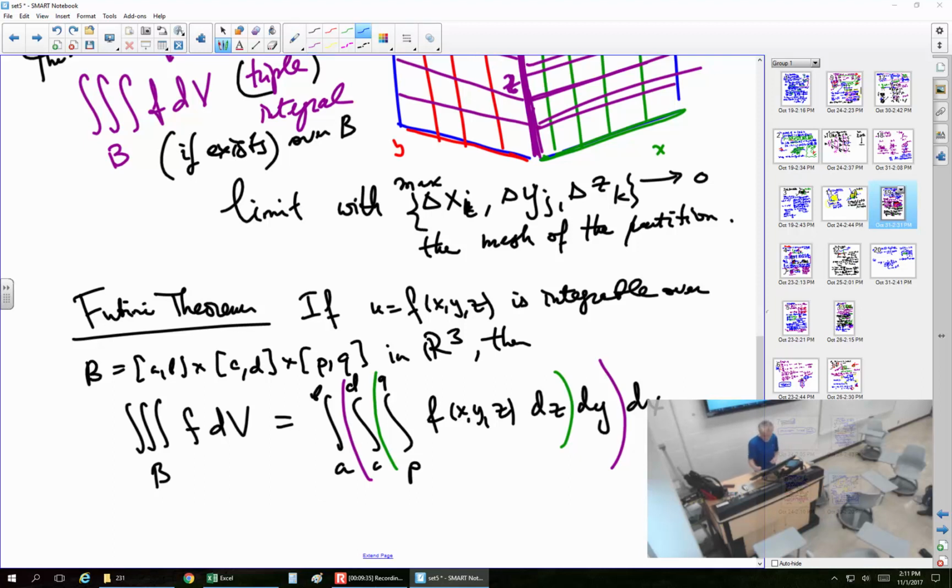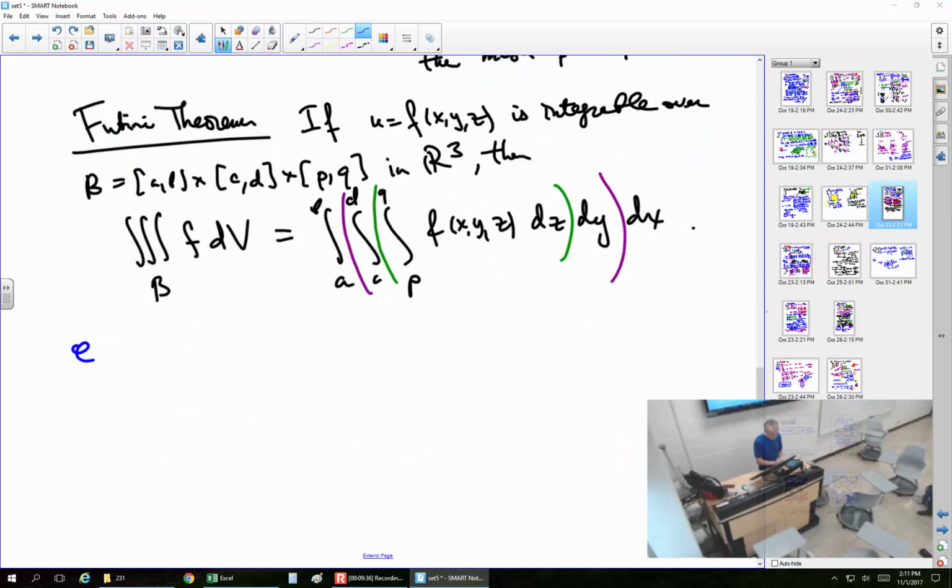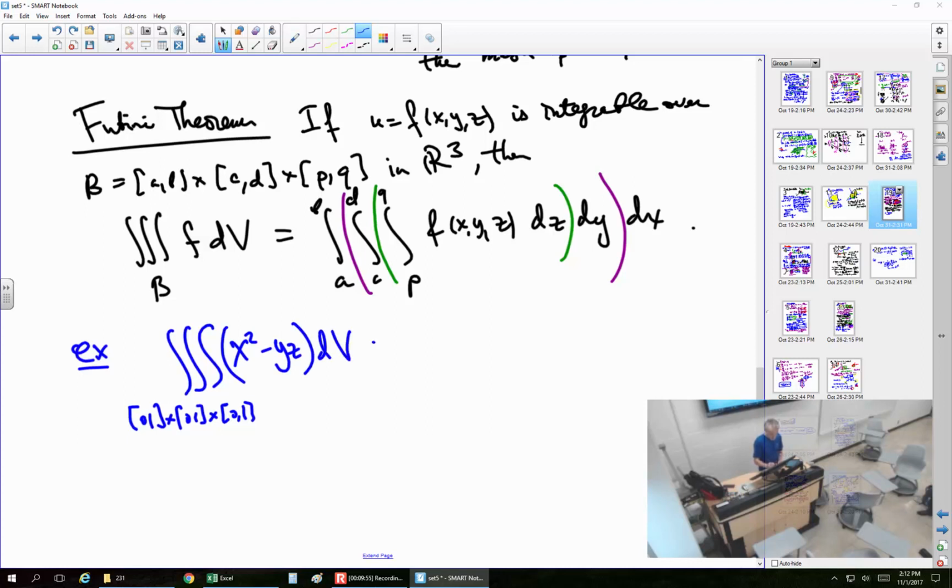So let me carry out this one very quickly, an example of that. So for example, I'm talking about the triple integral over a rectangle, say once again, like [0,1] cross [0,1] cross [0,1] of x squared minus yz dB by Fubini's theorem.